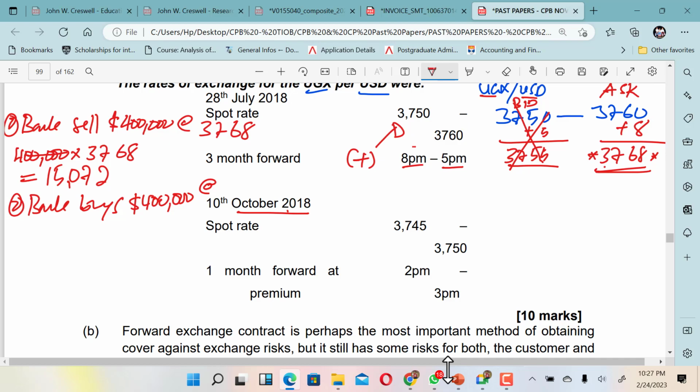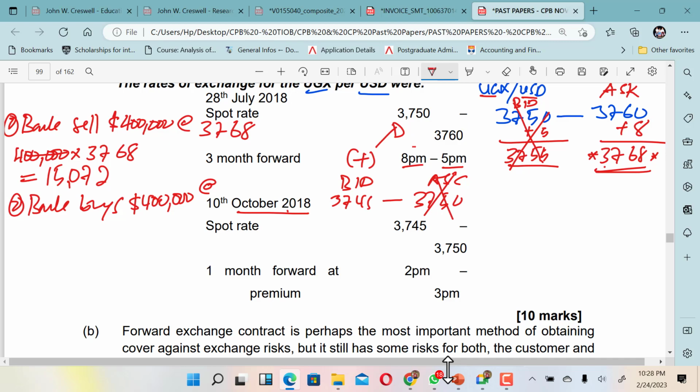Now, the spot rates on these dates are 37.45 by 37.50. Since this is direct quotation, then this one is going to be the buying rate and this one the selling rate. Now the rate of interest here is the buying rate because the bank is going to buy. Therefore, the buy rate is the rate of interest. So we don't need this one.